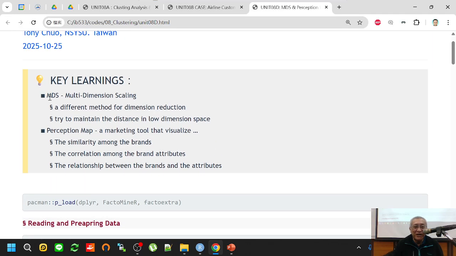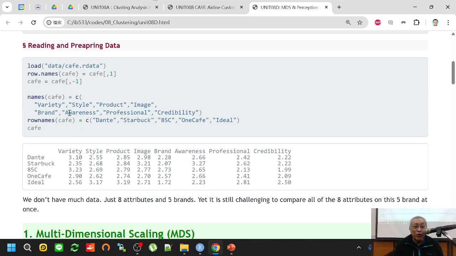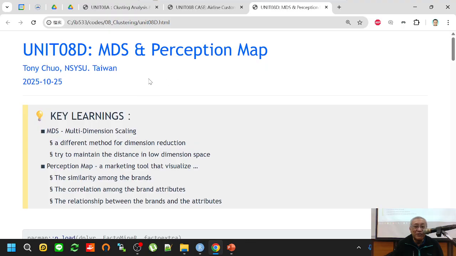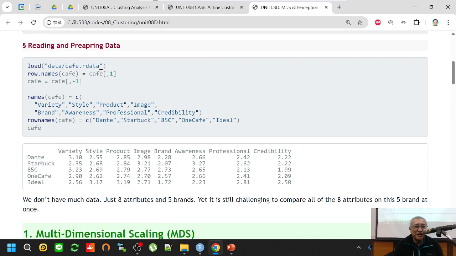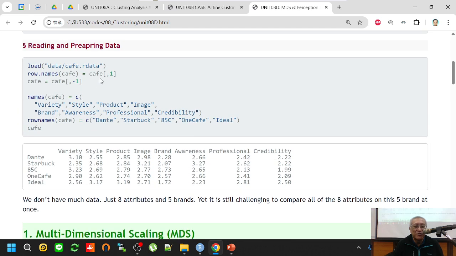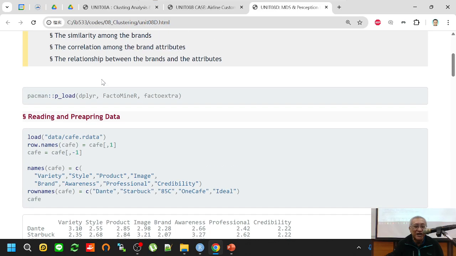So basically, I already told you how to do the dimension reduction in PCA, right? Okay, and MDS is another type of dimension reduction, but it's quite difficult. So maybe I would just focus on PCA.